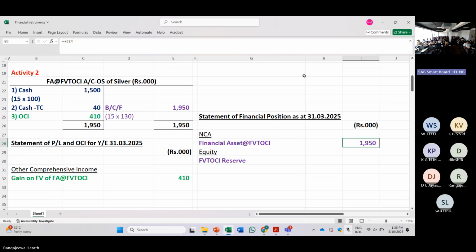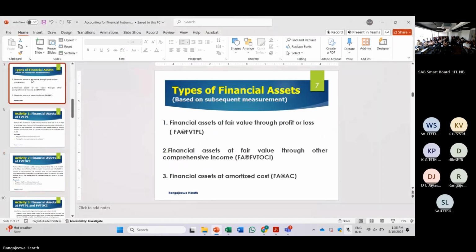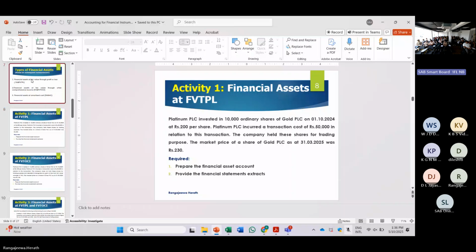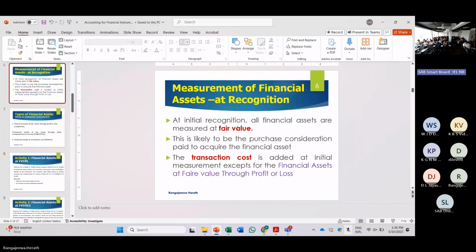Then now, the financial instrument, financial asset guideline. Here you see the standard guideline. Financial assets are initially measured at fair value.